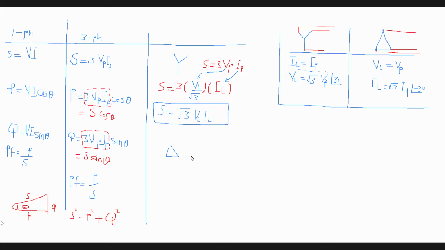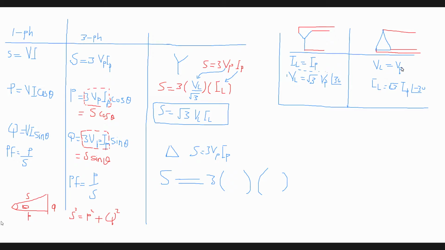Now what if I have delta connection? S, again, always 3 times V phase, I phase. Now if I want to replace them, V phase and I phase, with the line values.